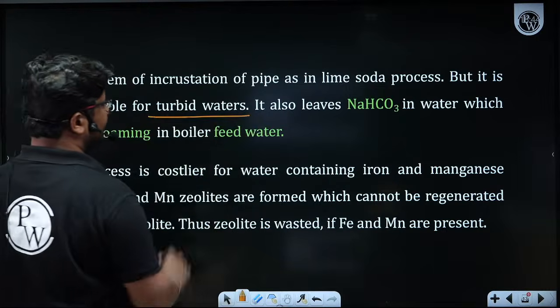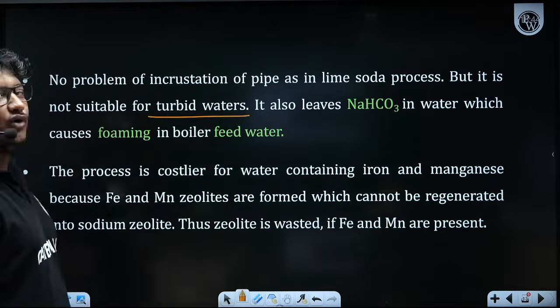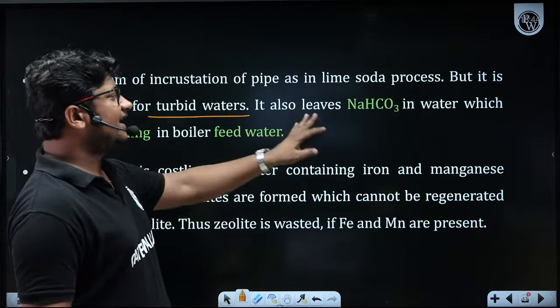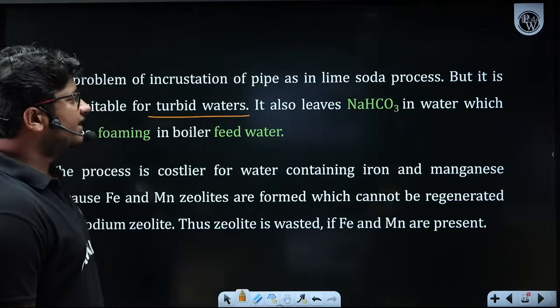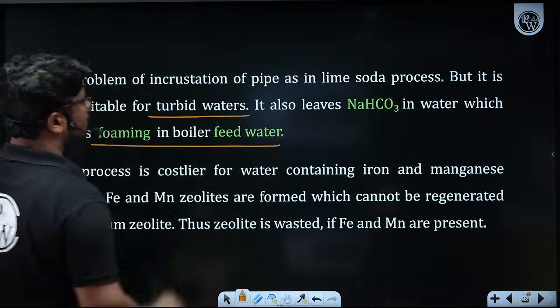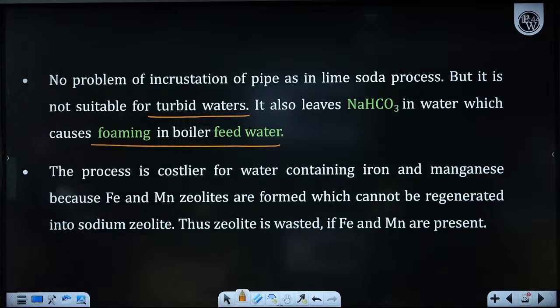Water with turbidity, that type of water you cannot pass through the zeolite bed. It also leaves NaHCO3 in the water, which causes foaming in the boiler feed. All these things you need to understand.